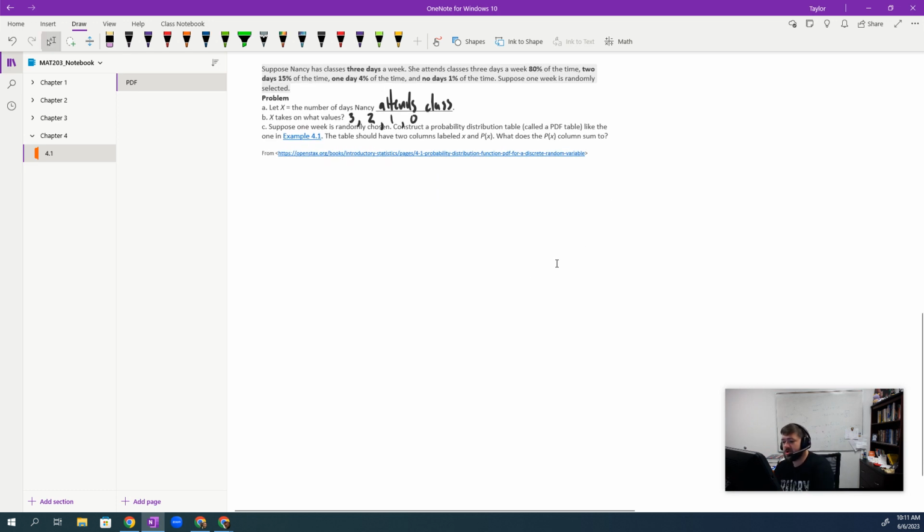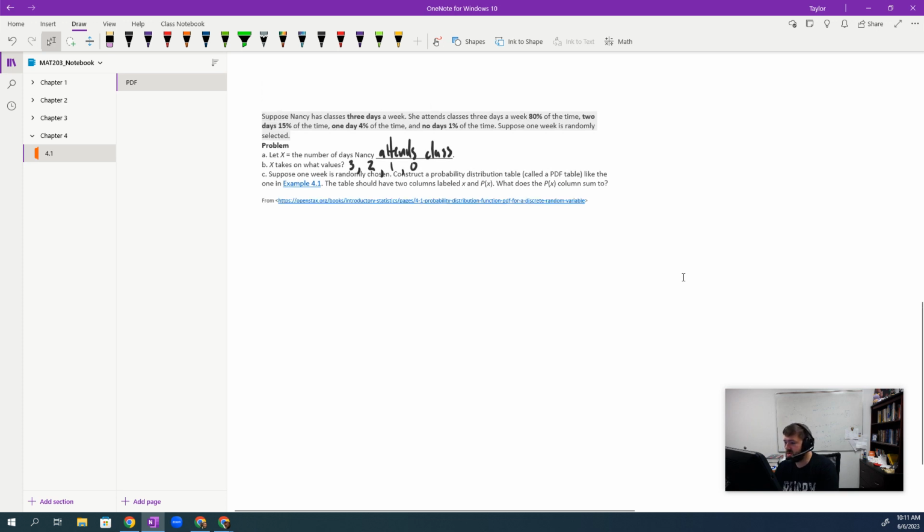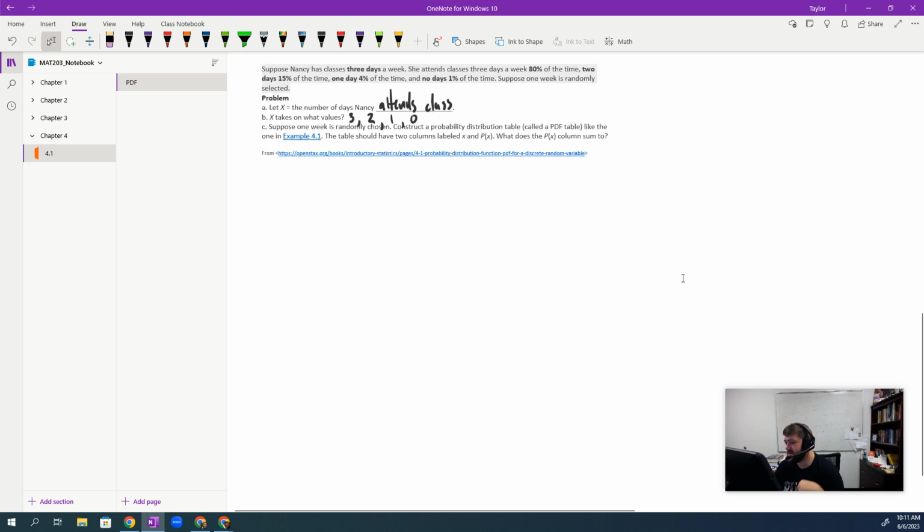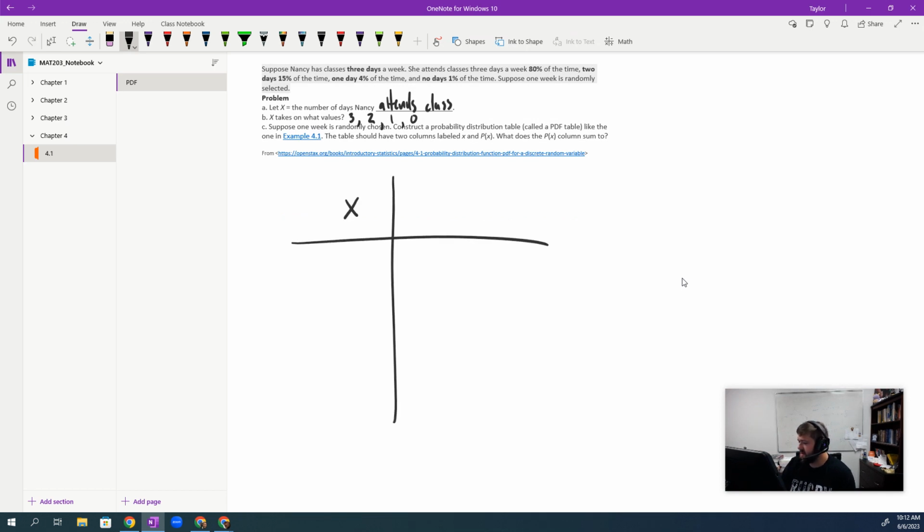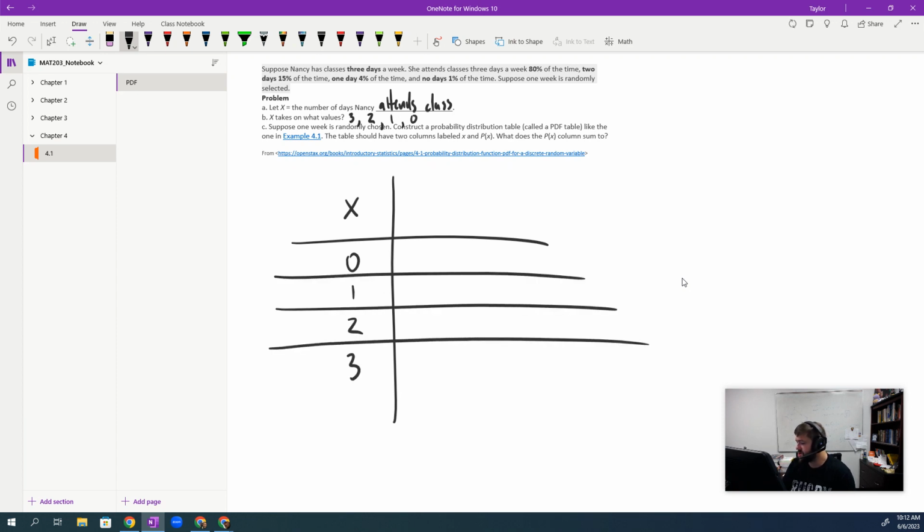Suppose a week is randomly chosen. Construct a probability distribution table and have 2 columns. So we're going to have X. X is the number of days Nancy attends class. The values it takes on are 0, 1, 2, and 3. Notice she can't do negative days, and she can't go more than 3 times in a week because there's only 3 classes per week.